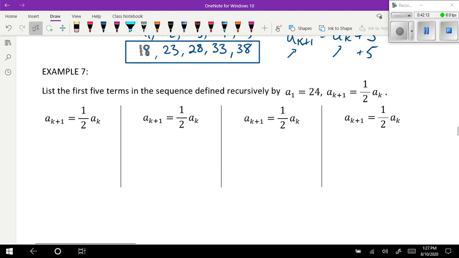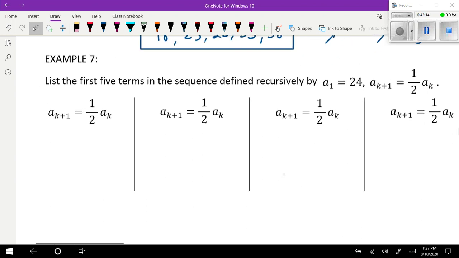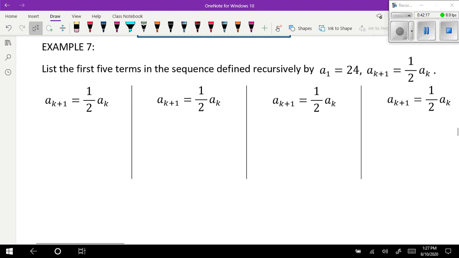So we are going to list the first 5 terms in the sequence defined recursively by a sub 1 equals 24, a sub k plus 1 equals 1/2 a sub k. So my first term is 24, no doubt about it. That's my a sub 1. And now I need a sub 2. In order for me to think about a sub 2, I would have to let k equal 1.